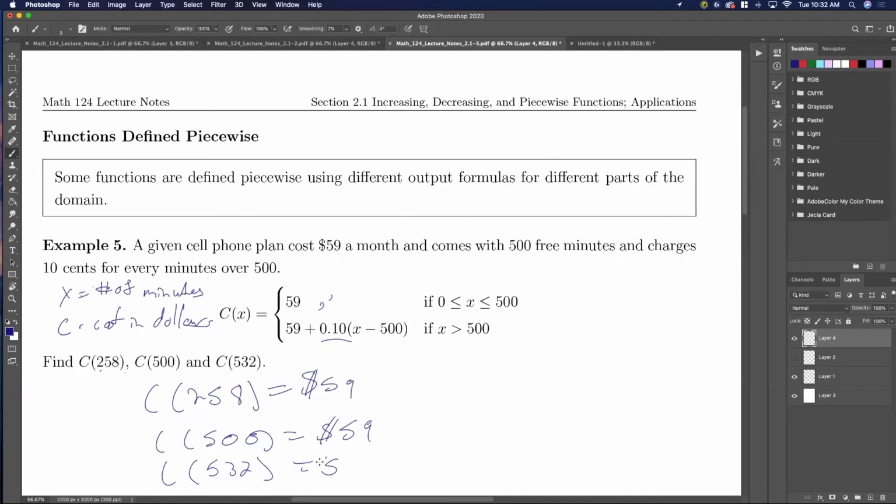So here it would be $59 plus 0.10 times 532 minus 500. 532 minus 500 is just 32. 32 times 0.10 is 3.2. 3.2 plus 59 would be $62.20.